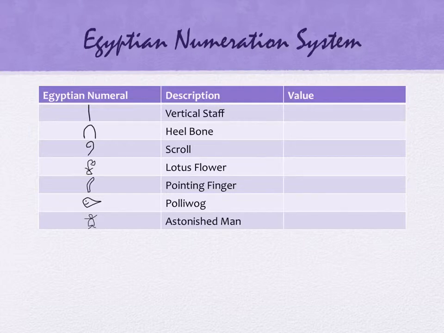A pollywog, or sometimes it's called a burbot fish, depending on the resources I've used. It's supposed to look a little bit like a tadpole, or a whale, something like that. And the last one is called an astonished man. The books that I have used at different points draw these in different ways.